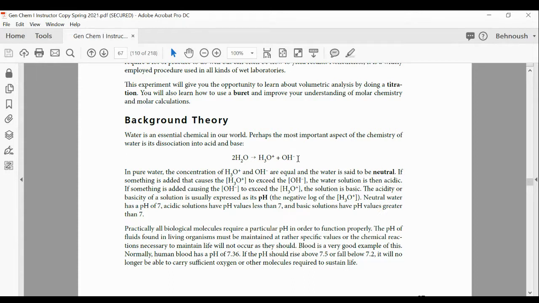If you add acid, the concentration of OH will go down, the concentration of H plus goes up, and your solution is going to be acidic. If you add base, the same thing happens: the OH would go up, and when the OH concentration is higher, the pH value is going to be higher. So pH is the negative log of the concentration of hydrogen ion, and pOH is the negative log of the concentration of hydroxide ion.